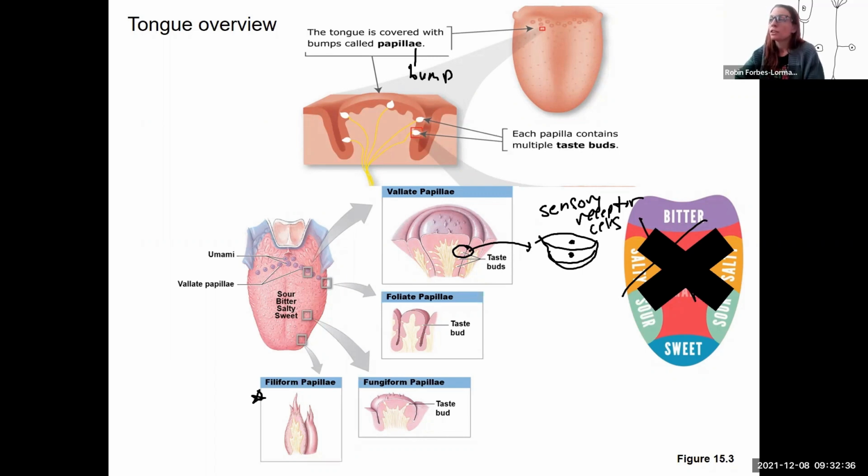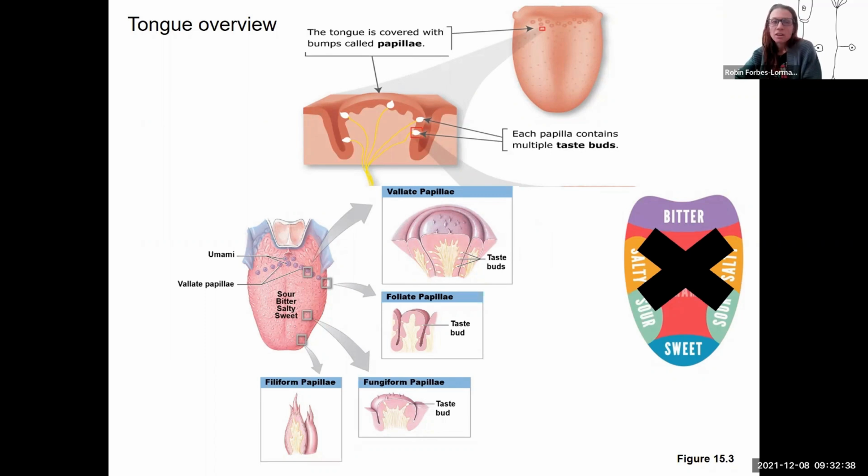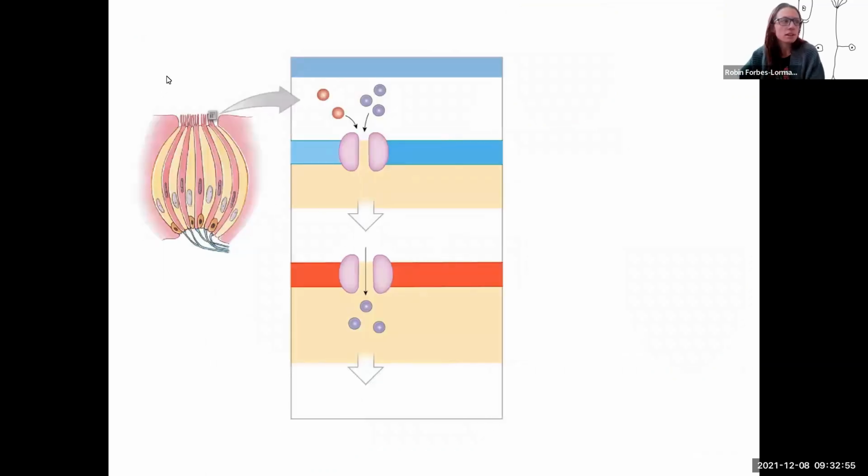So unlike olfaction, taste has 2 different mechanisms by which sensory transduction occurs. So we're going to zoom in to the taste bud. I just drew a really awful picture of one. Let's see a little bit better picture of one. Here it is. So this here is a taste bud.